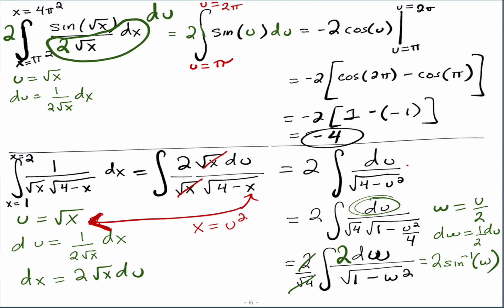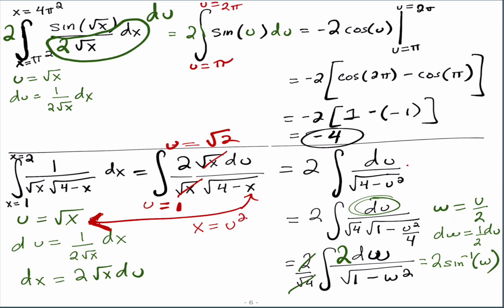I'm more worried that I don't have enough room to write down stuff here, but let's just put them right here. All right, so what is u equal to? When x equals 1, u is equal to 1. When x equals 2, u is root 2. Okay, good.